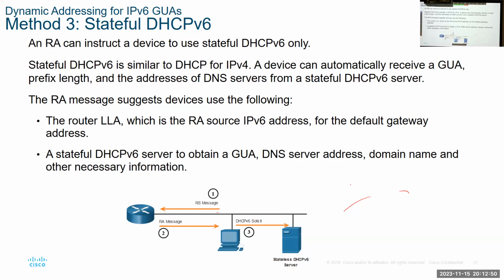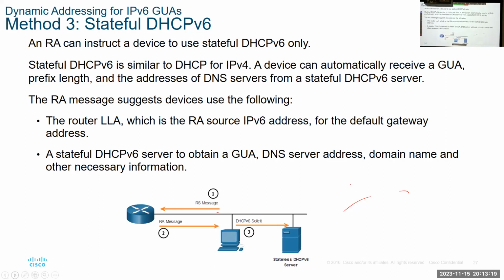It'll get the first 64 bits of the address, and most likely that's all it'll get, but it could also hand out the interface address as well. Most likely though, the interface address will be auto-configured either through EUI 64 or stateless.